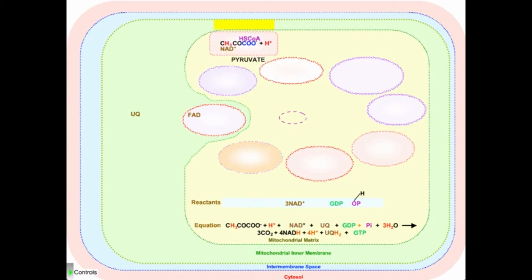Along with this, NAD+ and CoA are also involved in this conversion. The PDH complex requires CoA and NAD+ and produces NADH and H+, which is passed into the mitochondrial membrane space. CO2 and acetyl-CoA stay in the matrix.